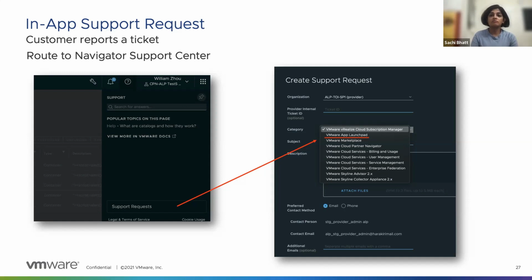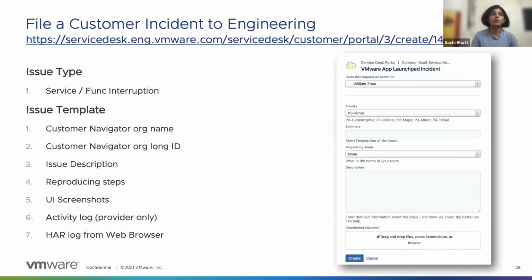And the second way is by providing the customer incident to the engineering through the service desk. Okay. And again, this is all normal Navigator stuff, right? Yes. So in-app is normal Navigator related. And I think for all the SaaS applications, we have a similar workflow. So it's not something new.